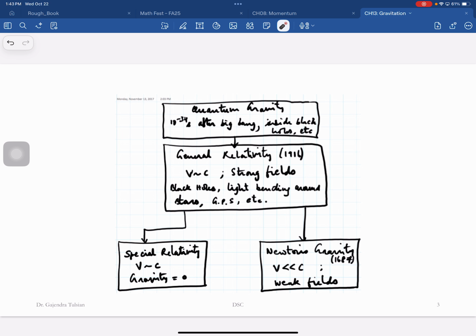Everything we've studied so far is slow-moving objects and so on. So special theory of relativity is a limit of general relativity with zero gravitational fields. General relativity is able to handle strong gravitational fields and fast-moving objects. And Newton's theory of gravity is an approximation of general relativity in weak fields and slow moving objects. Okay, so that's what we're going to talk about.